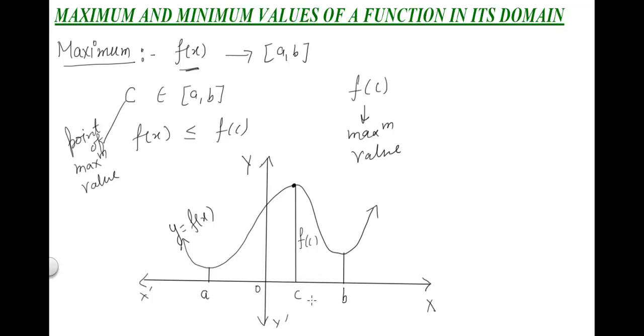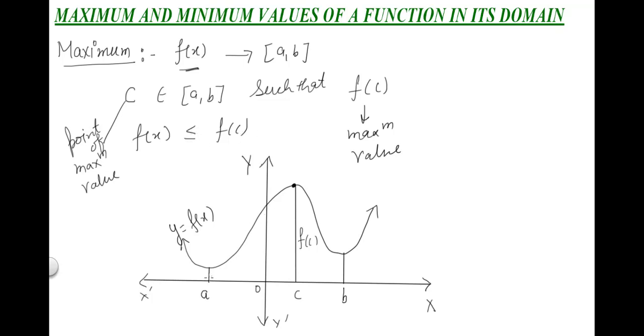So I am again repeating it. How do we find the maximum of a function? If a function is a real valued function defined on the interval a b, then there will exist a point c in the interval a comma b, such that f of x will always be less than or equal to f of c.